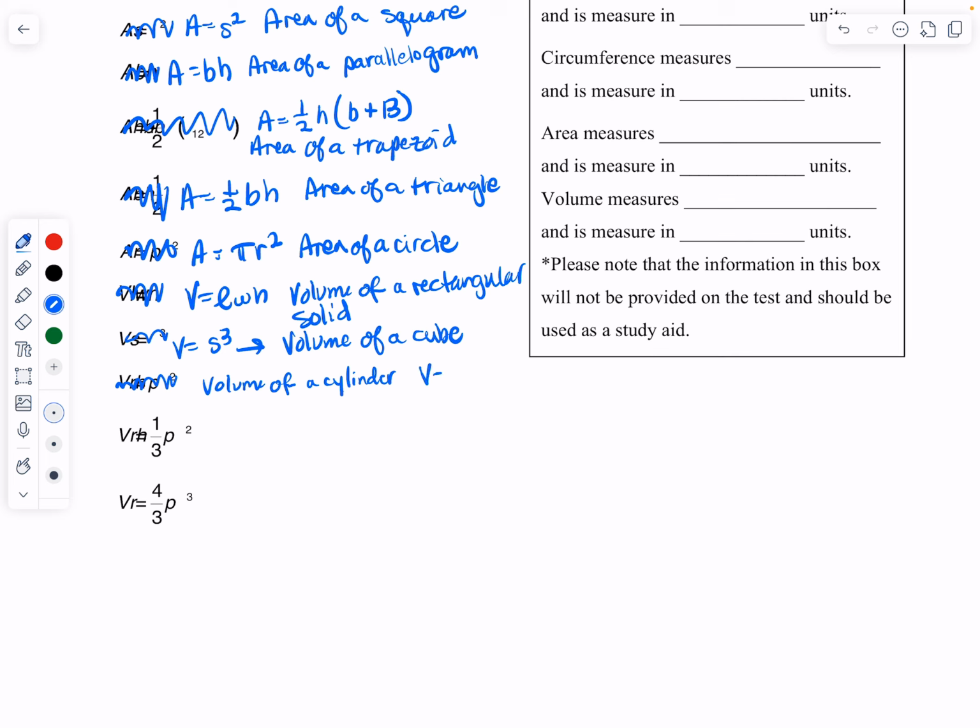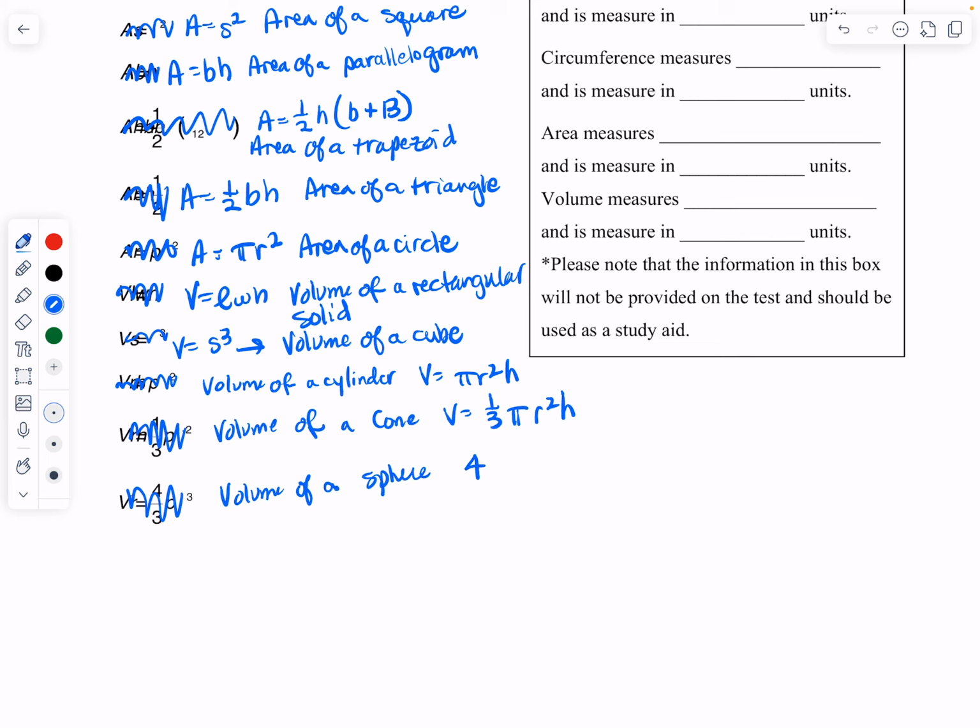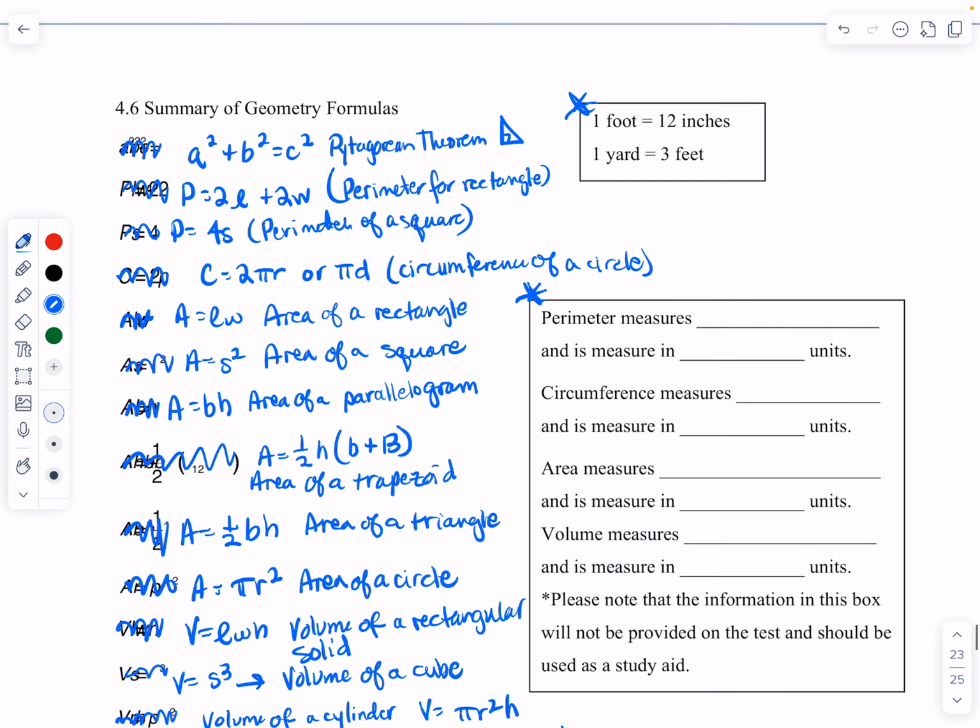And this is going to be V equals pi r squared times h. The next one is the volume of a cone, which volume equals 1/3 pi r squared times h. And finally, the last one, volume of a sphere, is 4/3 pi r cubed.